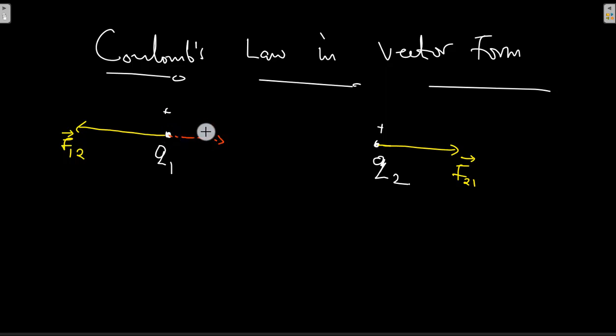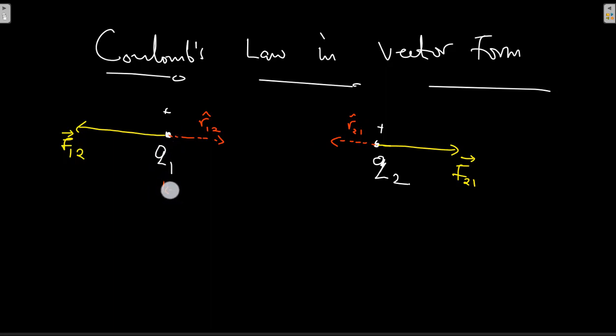Also in this case I indicate the directional unit vectors, R cap 1 2 and R cap 2 1. These are the unit directional vectors of the direction of force.